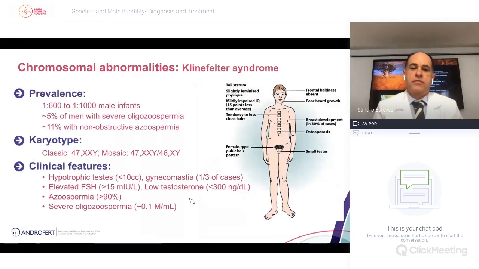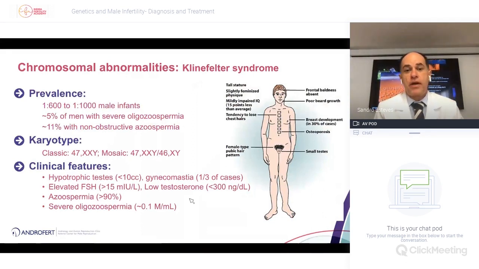They have in their genotype cells which are 47XXY and cells which are 46XY, normal cells and abnormal cells. The classic karyotype, the classic Klinefelter syndrome, is 47XXY in all cells, and these will be the patients that we see with non-obstructive azoospermia.